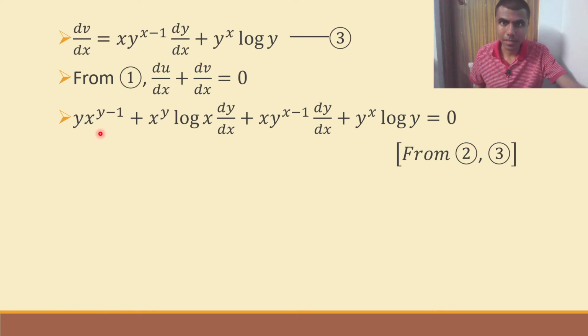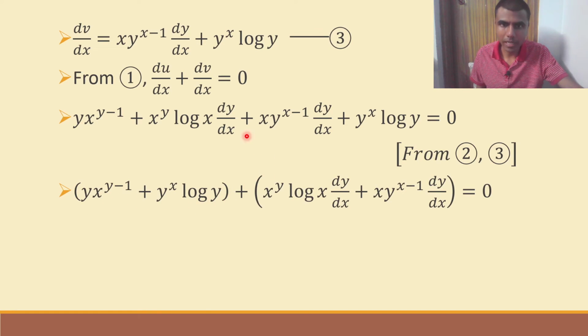Now a little grouping: this and this, this and this, because these two don't have dy by dx, so put them in one bracket, and group these two like x power y log x dy by dx plus x y power x minus 1 dy by dx equals. Now this entire term, send it to the RHS, so I'll get minus.